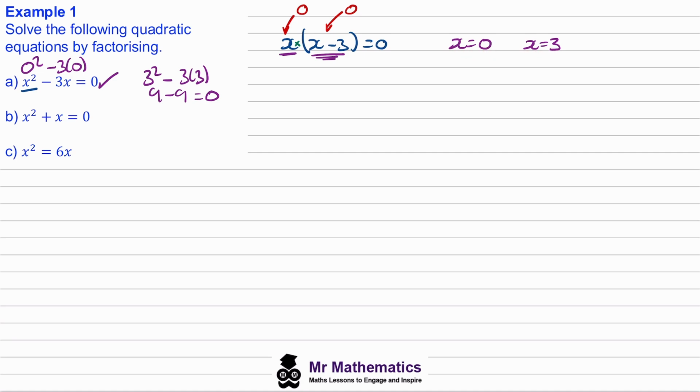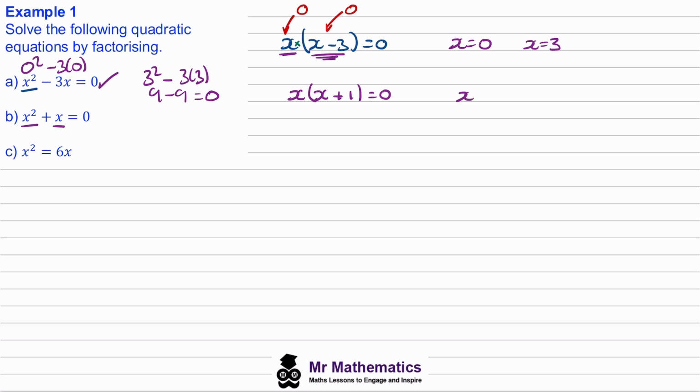What do you think we need to factor out for question B to get a pair of brackets? So we can see that the common term is x. So if we factor out the x, then we need x multiplied by itself to make the x squared term, and we need x multiplied by 1 to make the x term, and this will equal 0.